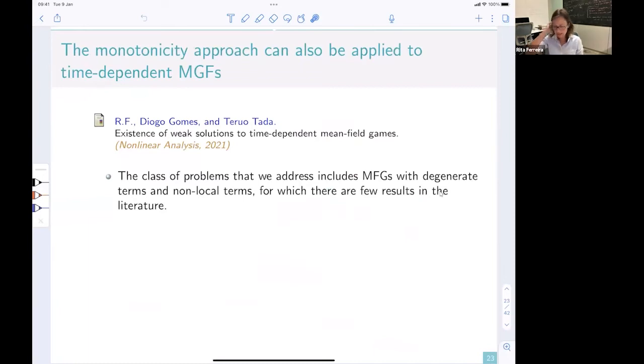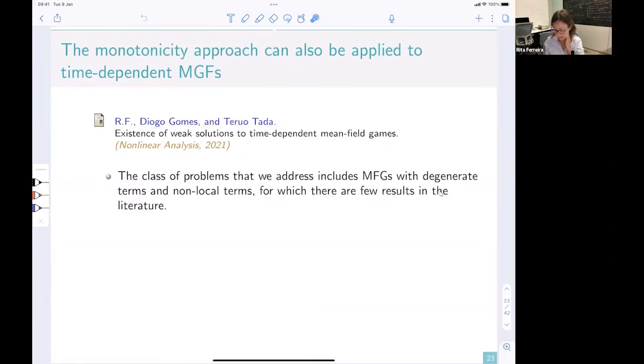Now, as I said, the two first results I was mentioning before were for stationary mean field games, but of course, at the end of the day, you also want to address the time-dependent mean field games. This is what we have done also in collaboration with Diogo Gomes and Teruo Tada.